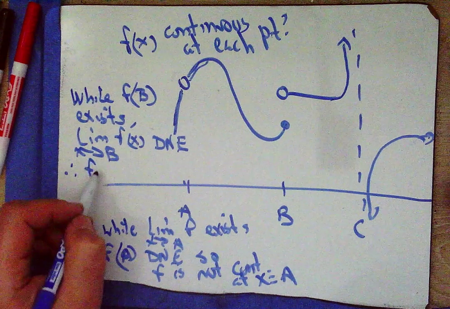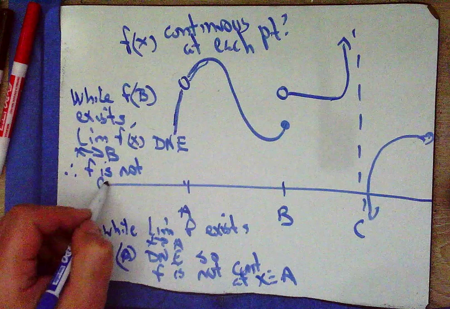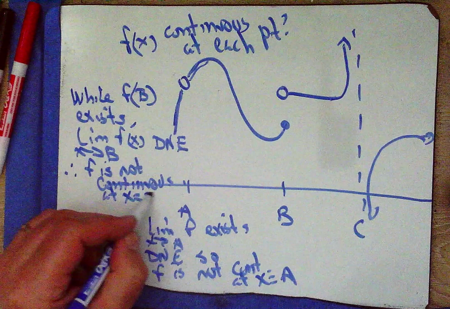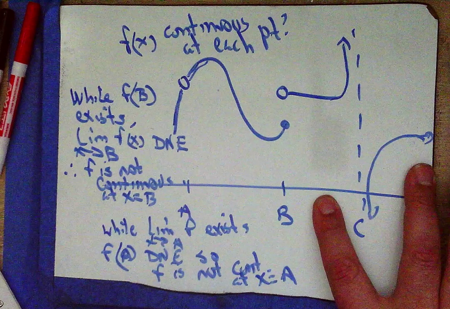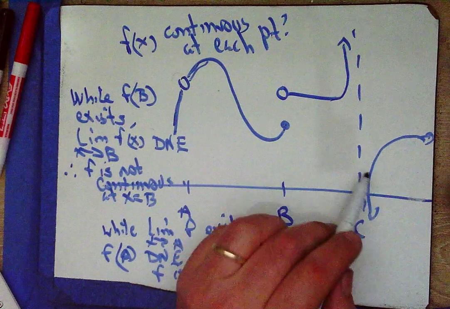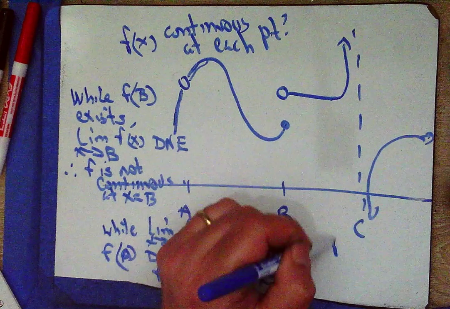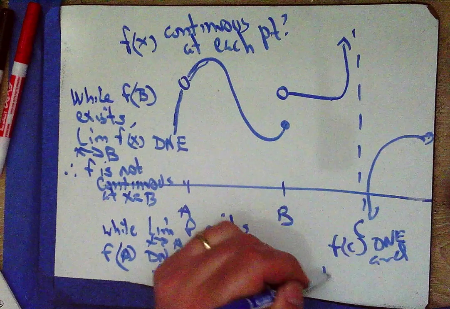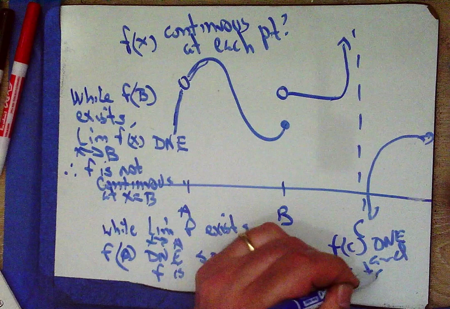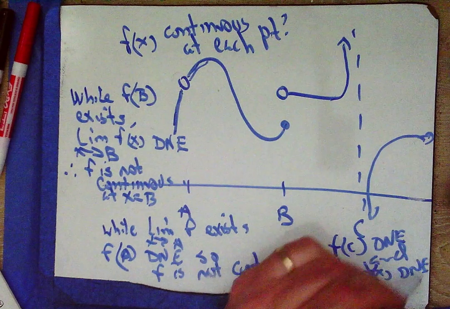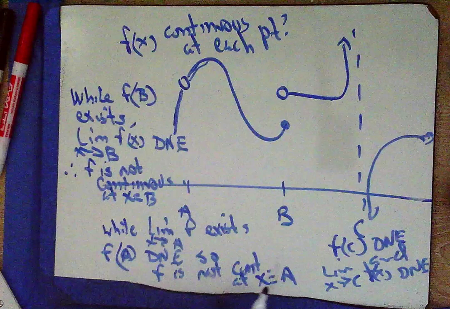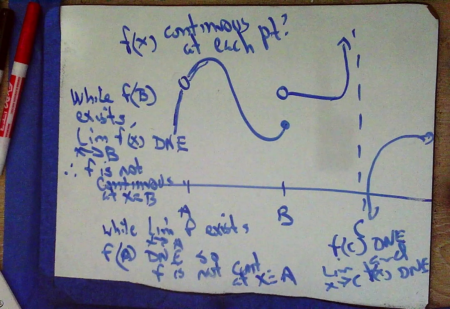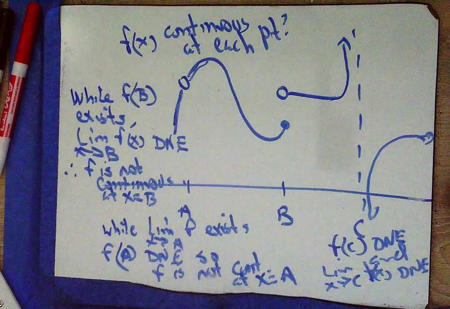Therefore, f is not continuous at x equals b. And here, at c, we can say f of c does not exist, and the limit as x approaches c of f of x does not exist. My limits are headed in two different directions, and the point doesn't exist, so there's no way I can be continuous there. Okay? All right.